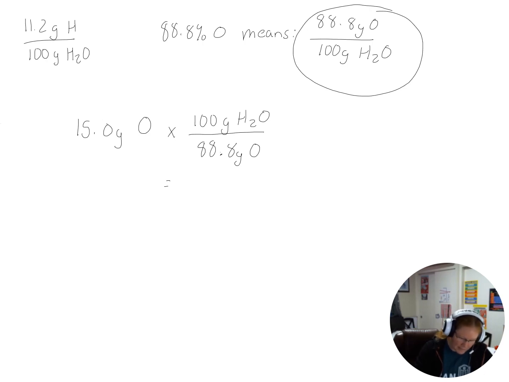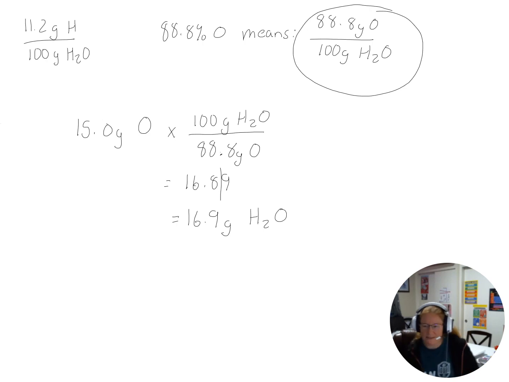What I get is 16.89. I have three significant figures, so I'll cut it there. So I have 16.9 grams of water, which makes sense because if water is only 88.8 grams of oxygen for every 100 grams of water, or 88.8% oxygen, it stands to reason that the sample of water needs to be larger than just the amount of oxygen. So we can use percent as a conversion factor.